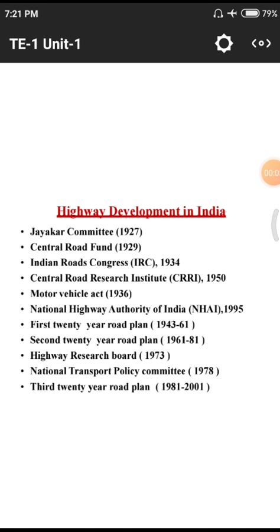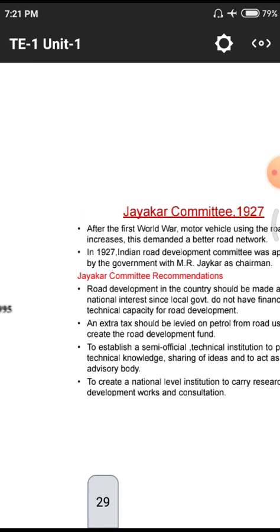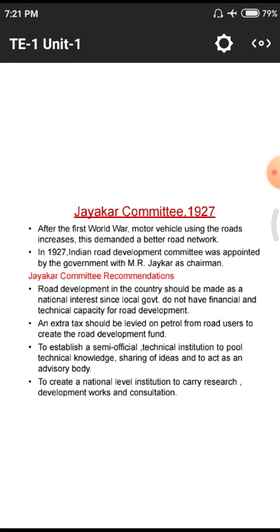In the previous class, we discussed these committees, how highway development takes place in India, and how those different committees were formed under their establishment years. First, we discussed the JICAR committee formation.